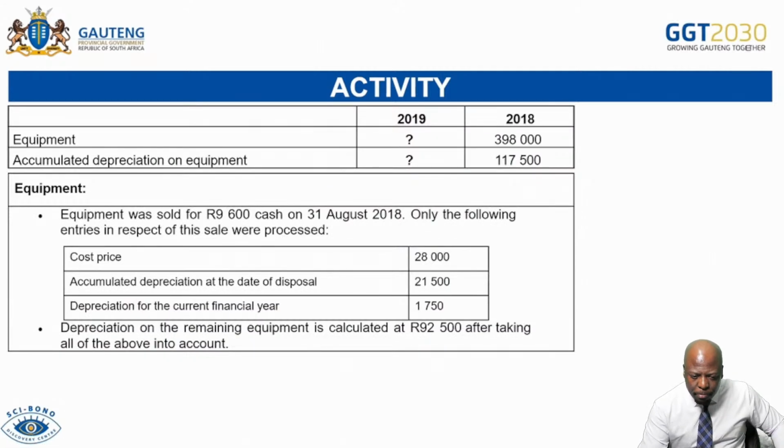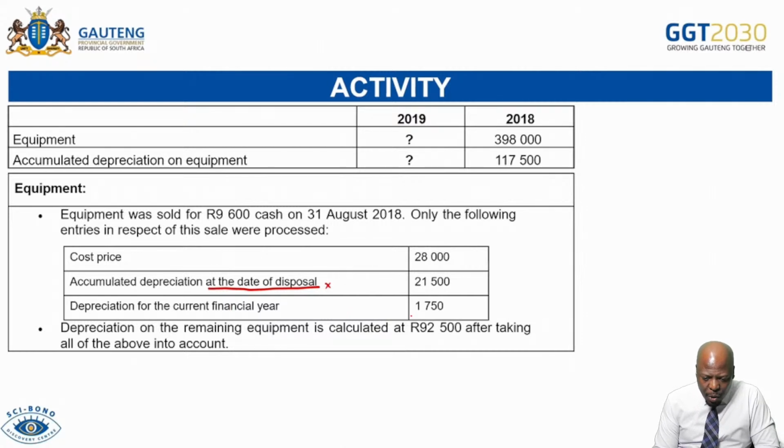Let's go. Here's a different adjustment now altogether, and it reads, equipment was sold. So here now we are disposing, writing off an asset. On 31 August 2018, only the following entries in respect of the sale were processed. So the cost price was given, the accumulated depreciation at the date of disposal, 21.5.